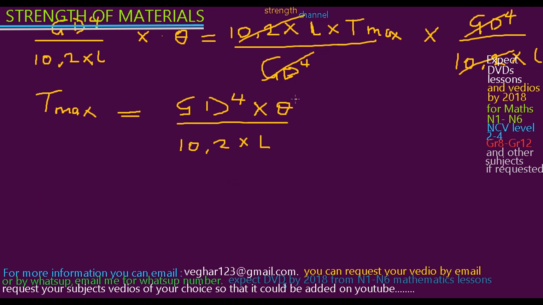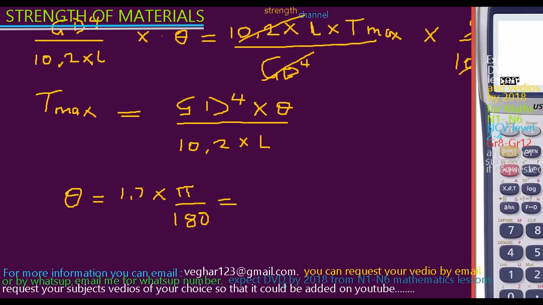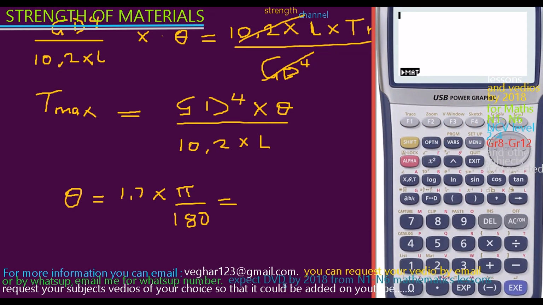You'll have something like 1,7 multiplied by pi over 180. So we have to multiply this one using a calculator, and let's see with the calculator how it is.